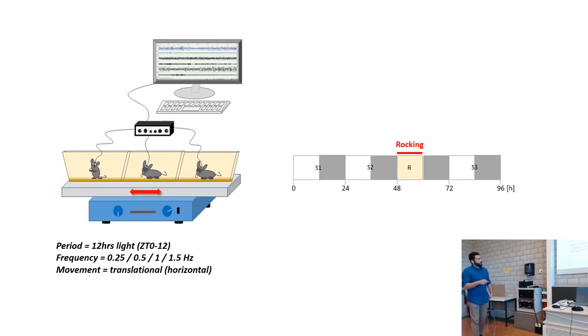We started with 0.25, like in humans. We continued with 0.5, 1 hertz, and 1.5 hertz. We only rocked them during the light period because, as I forgot to say before, mice sleep more during the light period in comparison to humans who sleep in the dark. So we rocked them for 12 hours.